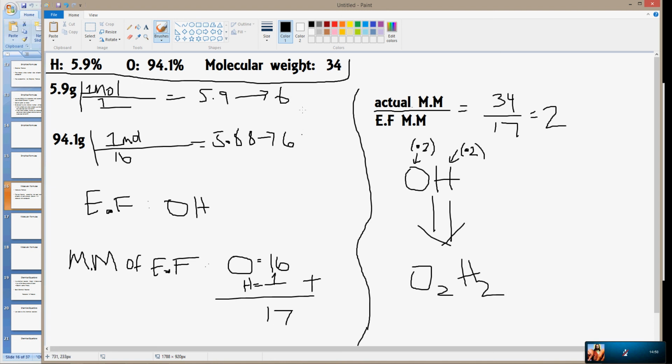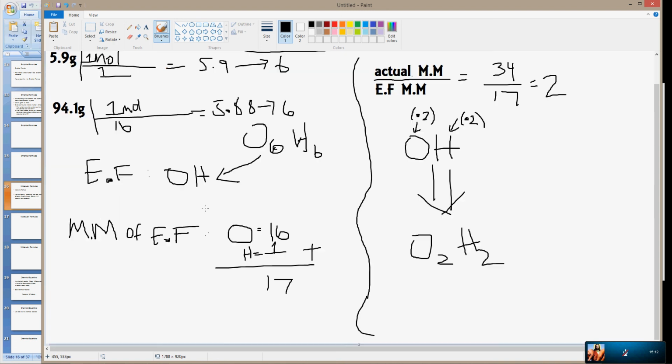We got these two numbers, and we rounded off to 6 right here. Then we wrote our empirical formula, and it was OH, because originally it would be O6H6, but you can reduce it to OH.